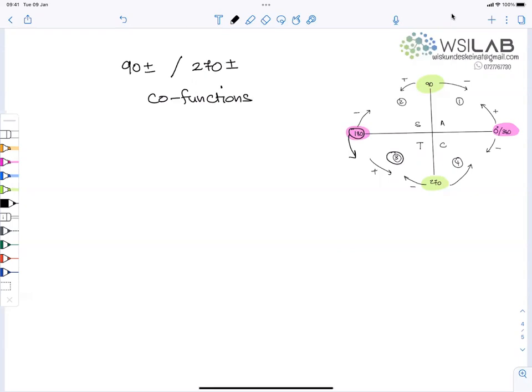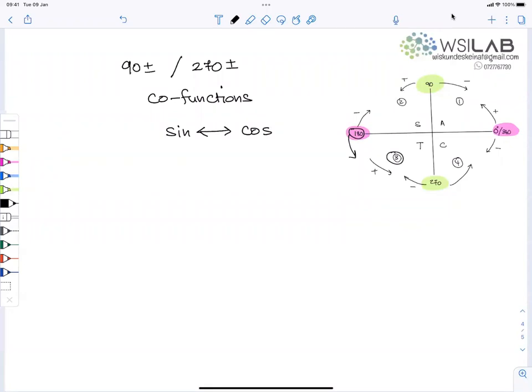Co-functions is from the word co-interior angles. That means that sin changes to cos and cos changes to sin. So sin and cos swap around if we use co-functions.